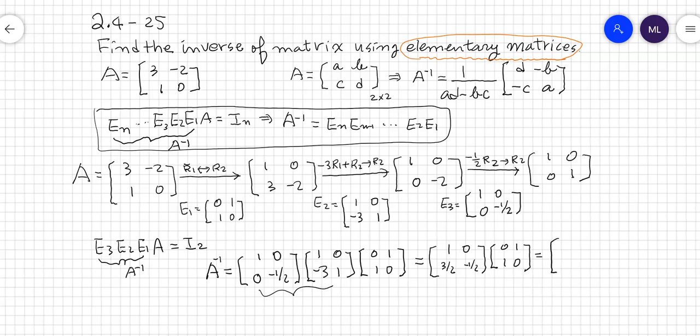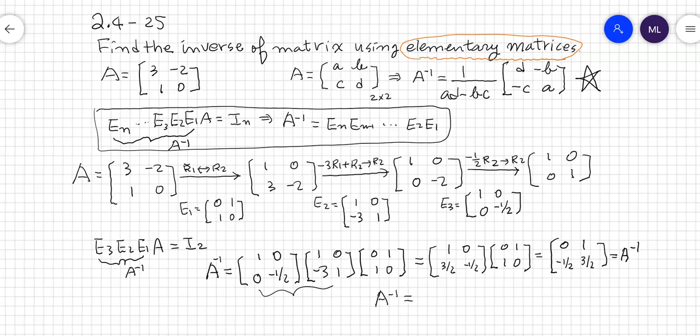So that gives 0, 1, negative 1/2, 3/2. That is A inverse.